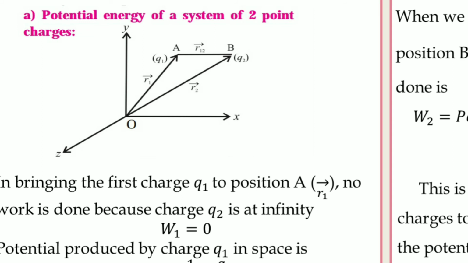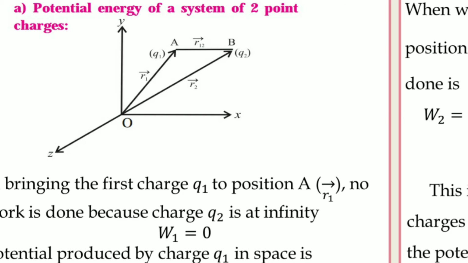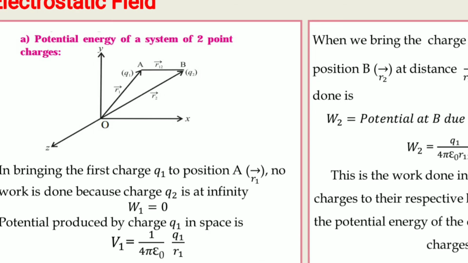From infinity we are bringing the charges to the locations you can see in the figure, that is A and B, which are at distance R1 from point O and R2 from point O.